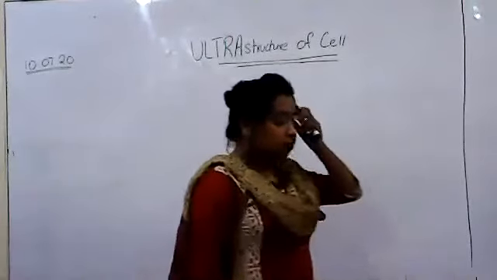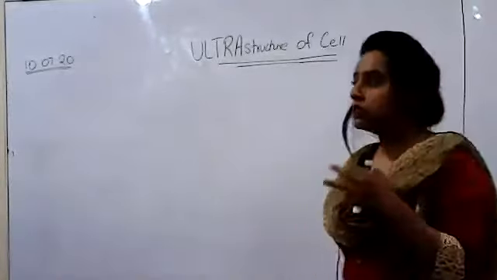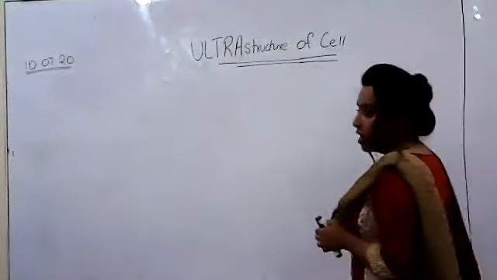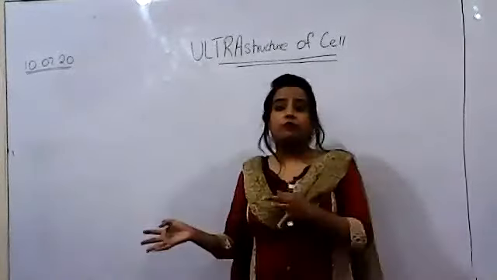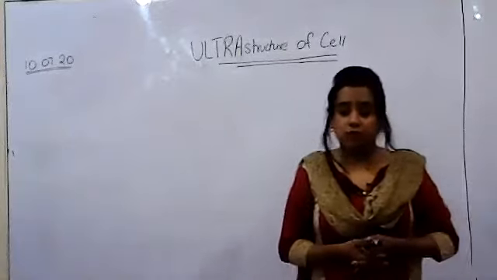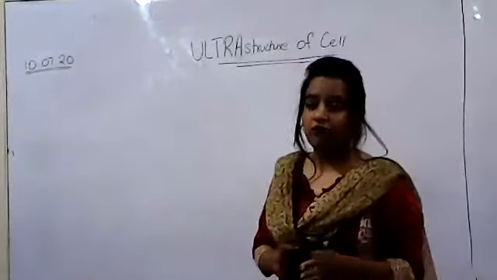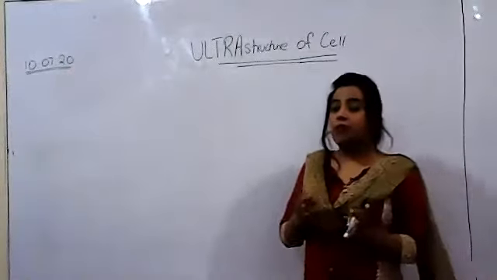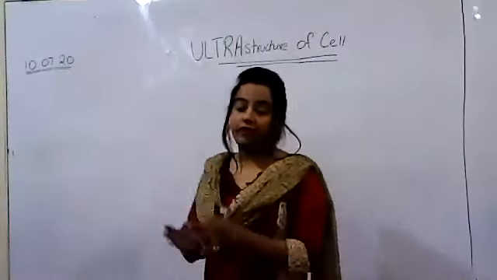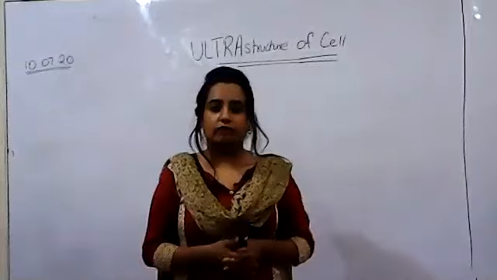So the electron microscope uses a beam of electrons, right? The light microscope uses light that is made up of photons. The magnification and the resolution of the electron microscope is about 500 times greater compared to the light microscope.